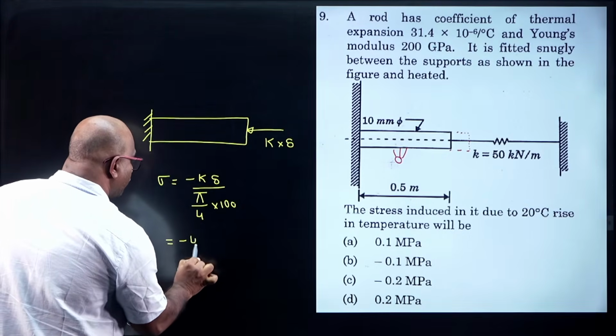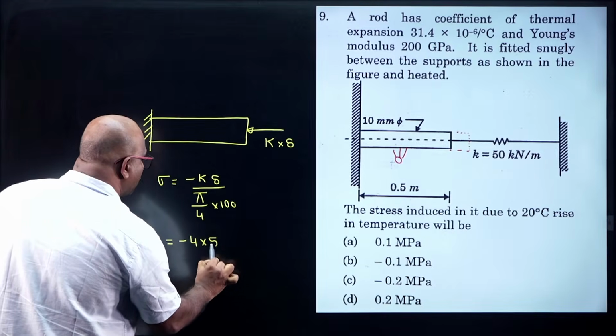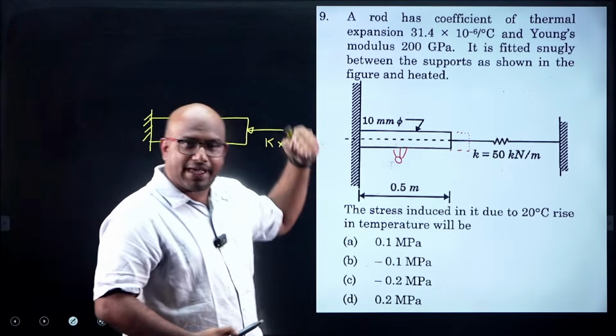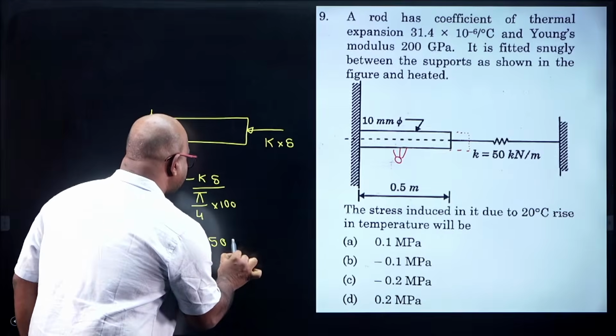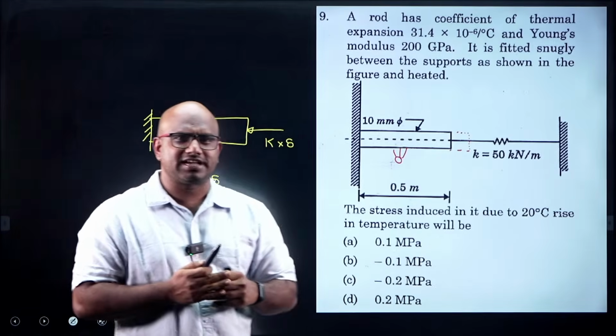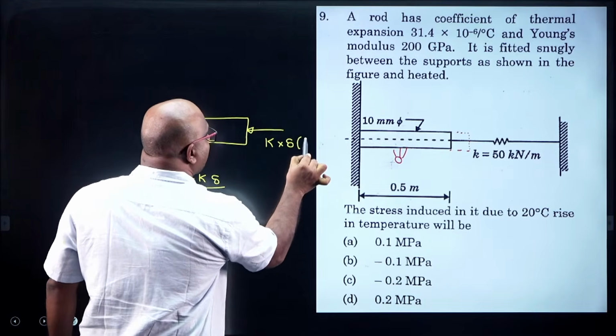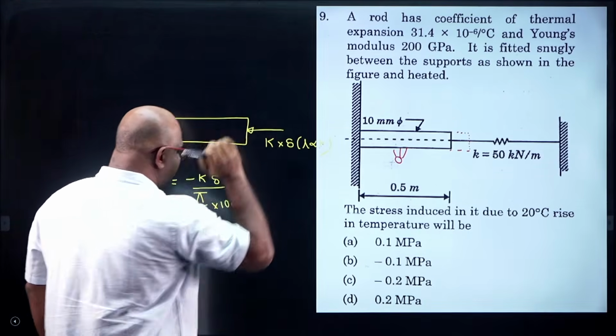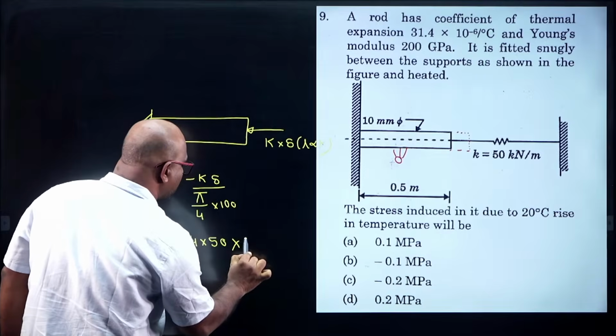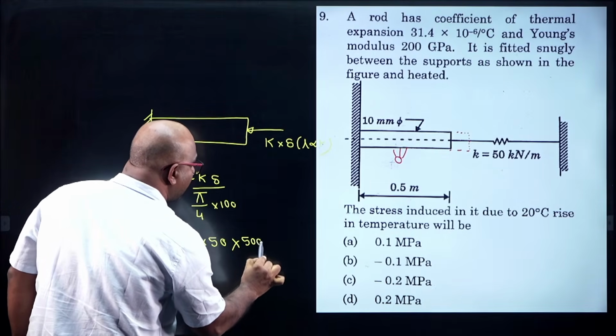Minus 4 into K, which is 50 kilonewton per meter or Newton per mm, I am going to get, multiplied by delta. Delta value how much, guys? Delta equals L alpha T. Here L is how much, guys? Given 0.5 meters, in terms of mm, how much? 500.